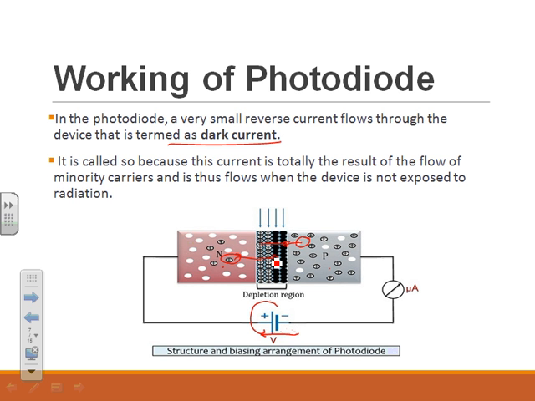It is called dark current because this current is totally the result of the flow of minority carriers, and thus flows when the device is not exposed to radiation. So when the device is not exposed to radiation, the current flow due to the reverse bias voltage is called dark current.